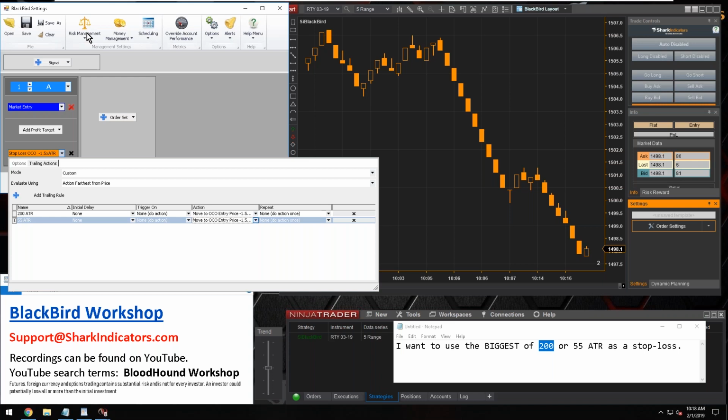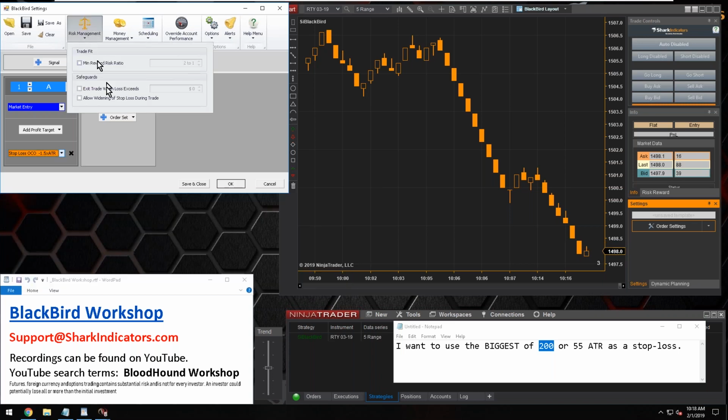You're wanting to increase your risk, right? So we need to go into the risk management and enable allowing the widening of your stop loss. In other words, widening your stop loss means moving your stop loss further away from price, increasing your risk.